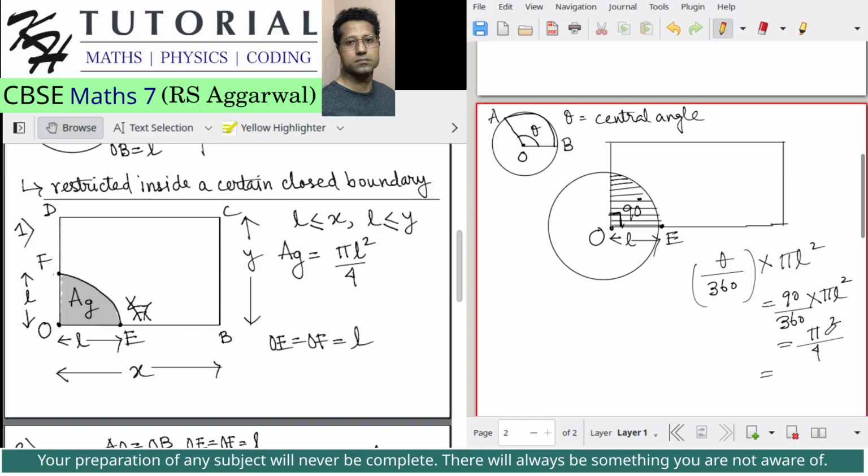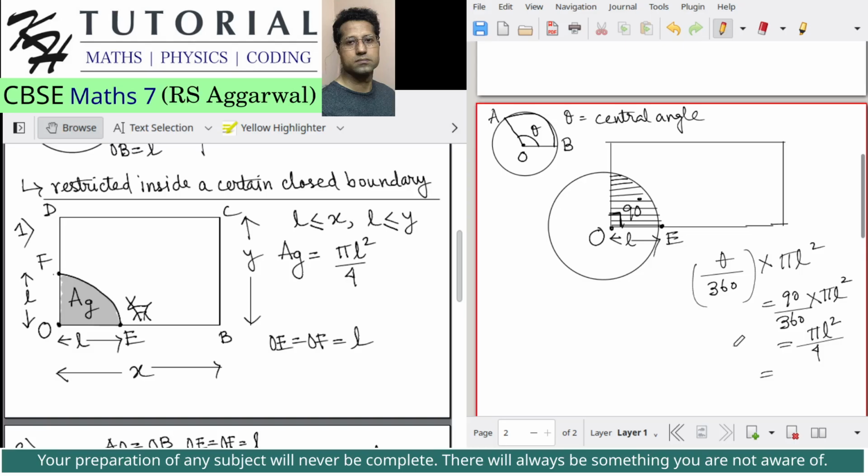So this is a very particular case where the animal is tied at any corner of a rectangular field or boundary, and the length of the rope is less than both the length and breadth of the rectangle. In that case, the maximum area that the animal can graze will be pi L square by 4, and you can see the area will be the shaded region as shown on the left hand side.